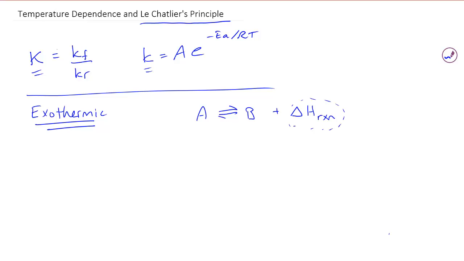So if I increase the temperature, that would be like adding energy. And if I decrease the temperature, that's like removing energy. So that means we can easily use the same methods that we learned about before to solve this kind of question. The question might be something like this.